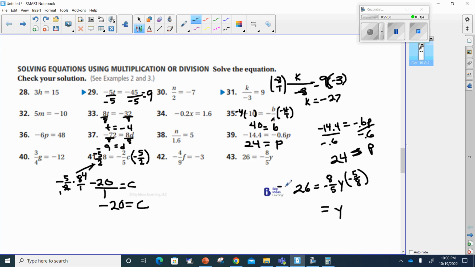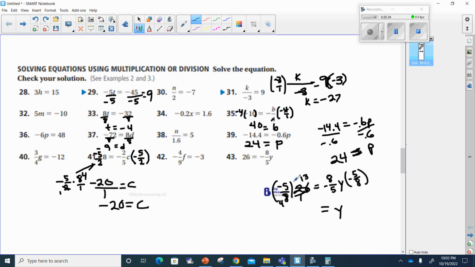So I'm going to multiply negative 5 over 8 to 26. Put 26 over 1. I know 8 and 26 both have 2 in it. So 8 divided by 2 is 4. 26 divided by 2 is 13.